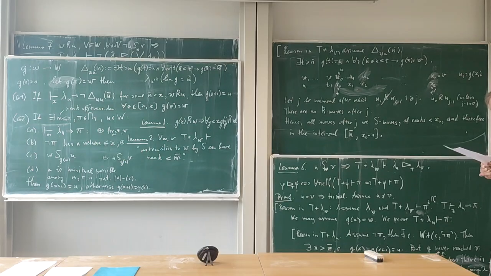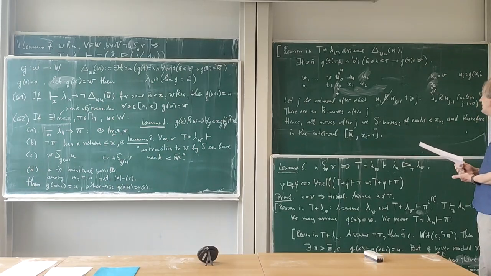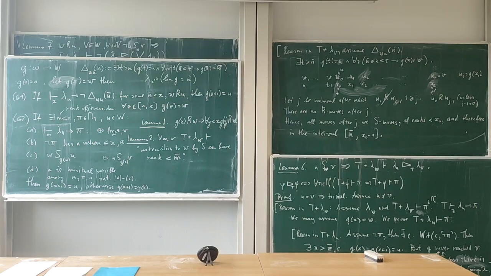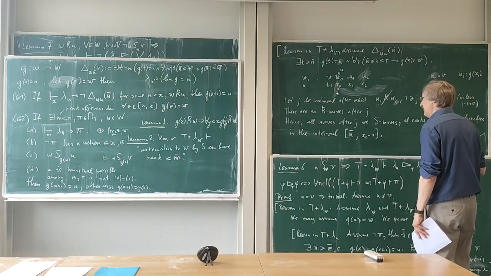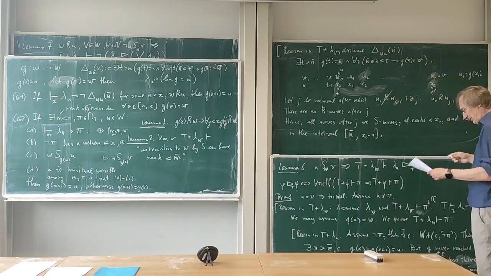Okay, so the ranks of S moves have to be here, right? Why can't the rank be xj or something? Hence all the moves after j are S moves of ranks less than x0, but why can't it be xj? Firstly, we are talking about S moves after J, right?